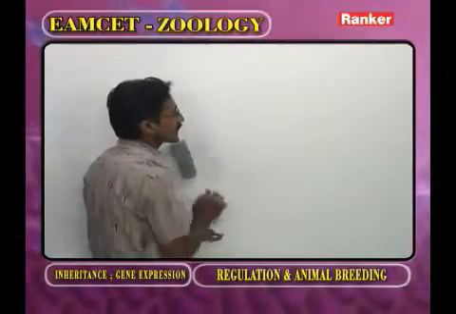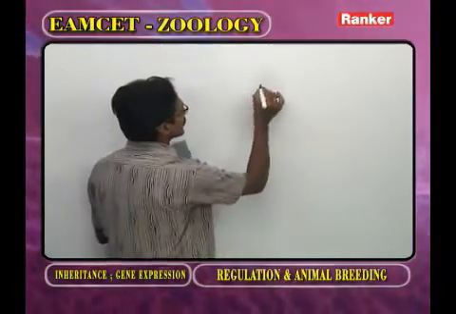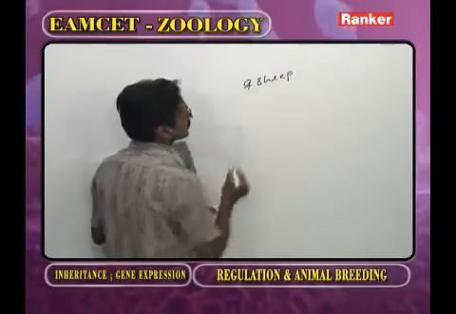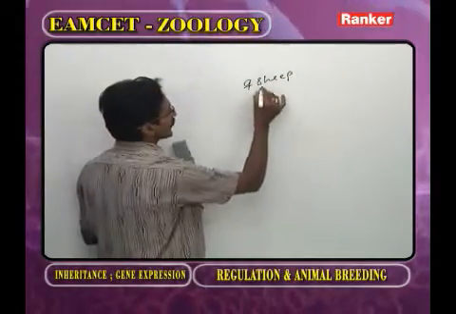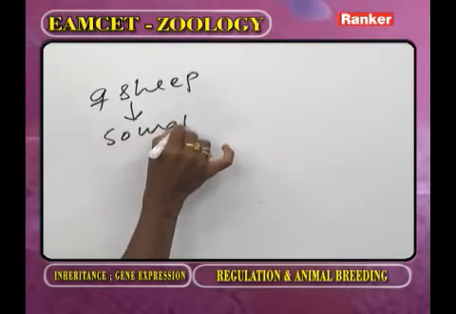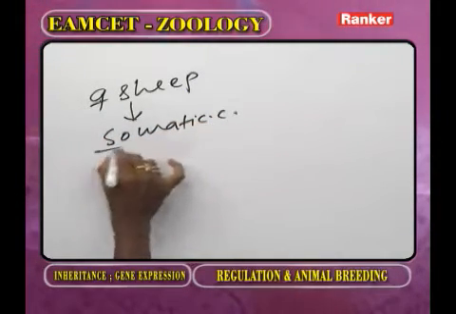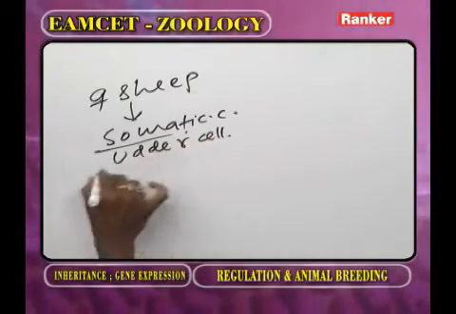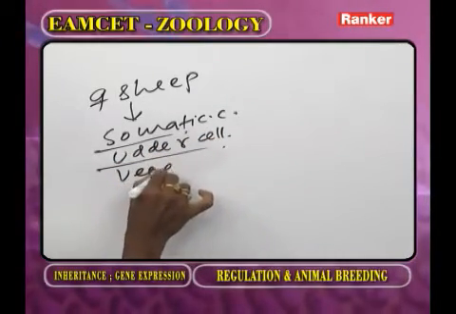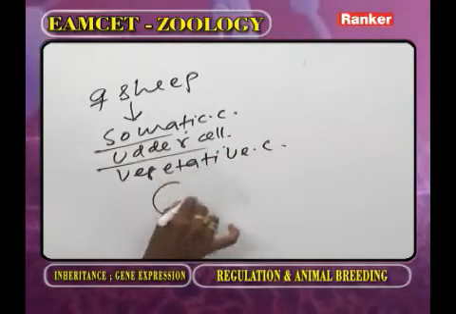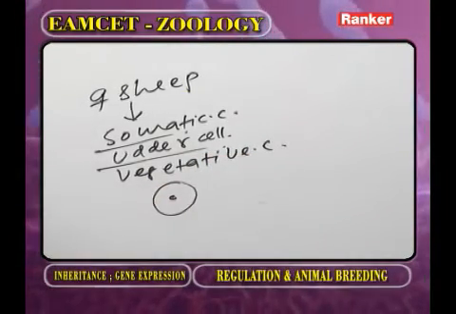Now as we observe the cloning experiment, first he has taken one female sheep. From this female sheep, he has taken a somatic cell. The somatic cell is also called udder cell. It is also called vegetative cell. Okay. Now this is the vegetative cell, this is the nucleus.